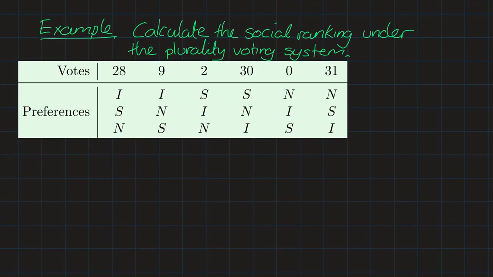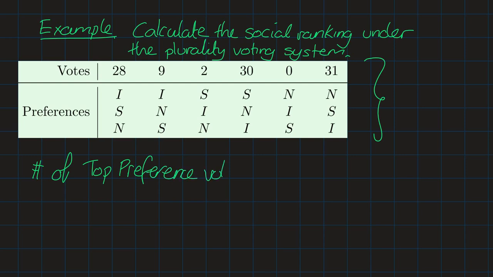So here's an example. Calculate the social ranking under the plurality voting system. Here's our voting profile. All you do is you work out the number of top preference votes. I gets 28 plus 9, which is 37, and I see this because I'm looking just here.